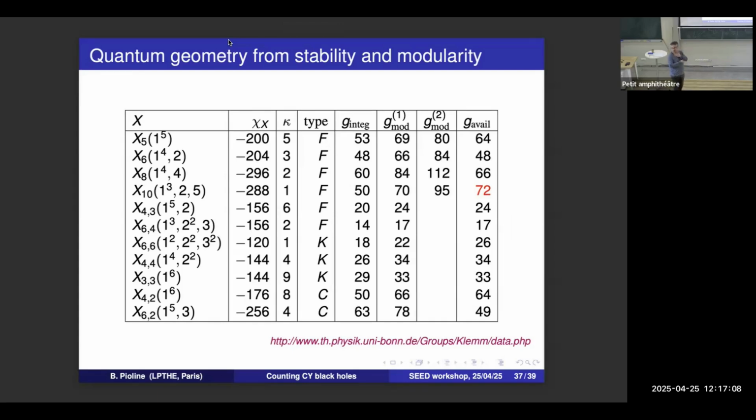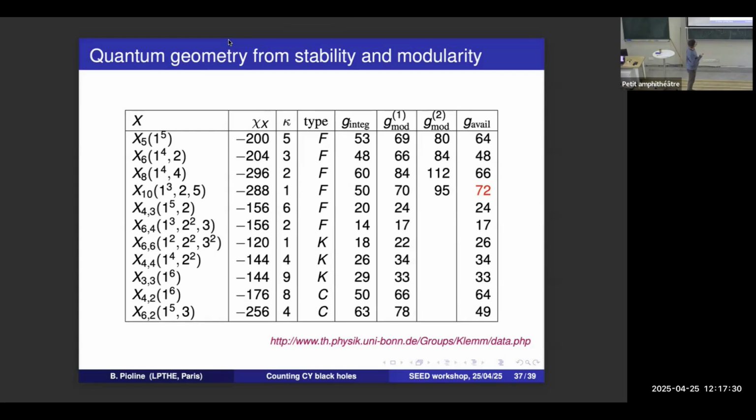It's not as impressive as I would like it to be, but the limitation was 53 just from the knowledge of the standard boundary conditions for the topological string amplitude. But by enforcing the modularity for rank 1 unit of D4, you can push it to 69.